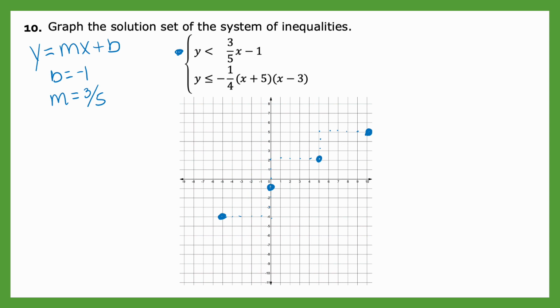It's just less than. And do I want to shade above this line or below this line? Below, because it says less than. So I'm going to draw little arrows pointing down to show that that's the direction I would shade.